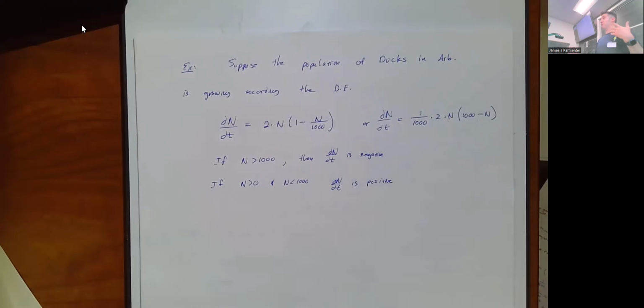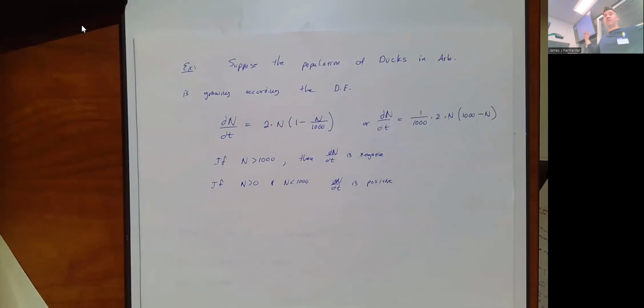Meaning if you have between 0 and 1,000 ducks, you're going to increase the number of ducks because the habitat can still support more ducks up until that limiting amount of 1,000. You might have already guessed this, but we're going to draw the phase plot and see that 1,000 is a stable equilibrium and the other equilibrium is unstable.